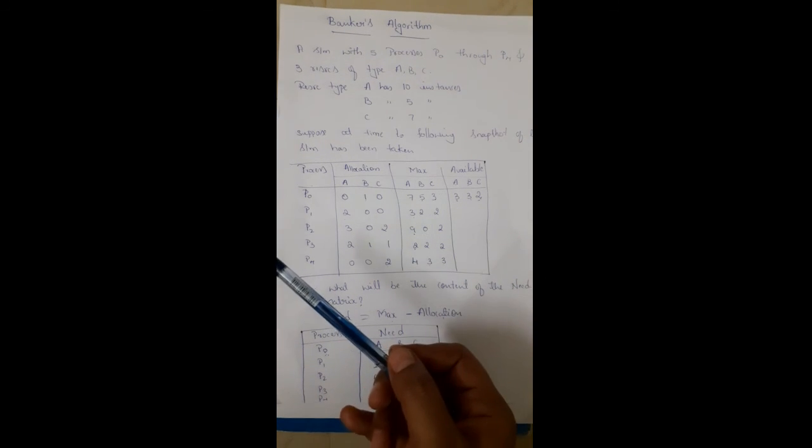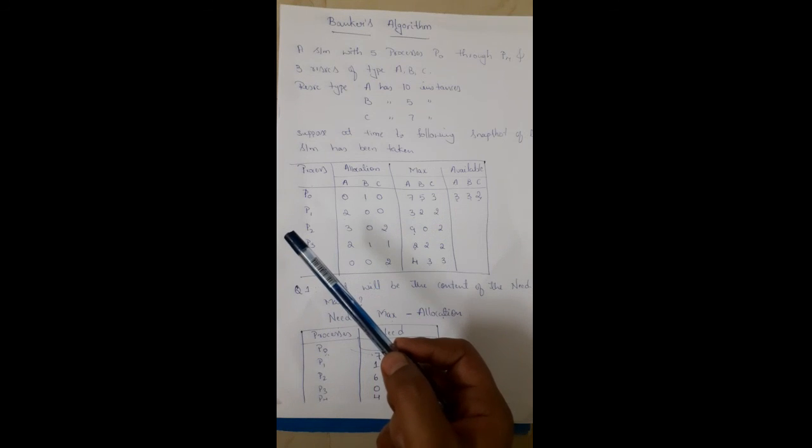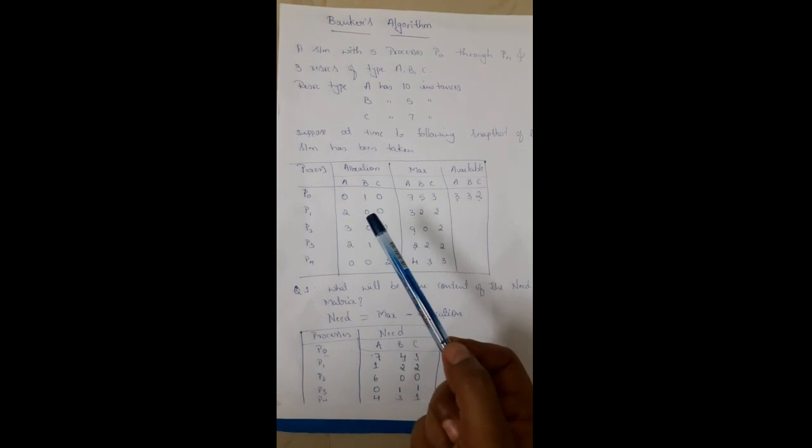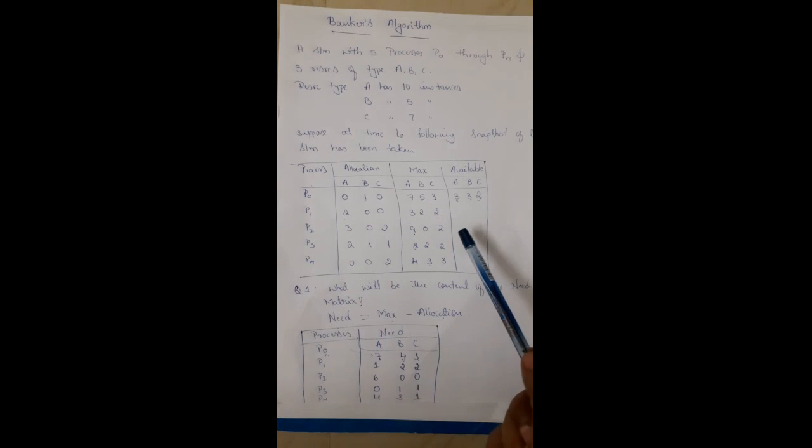What is a safe state? If we obtain a safe sequence of the processes, then we can say the state of the system is safe, right? So now we'll run this safety algorithm.